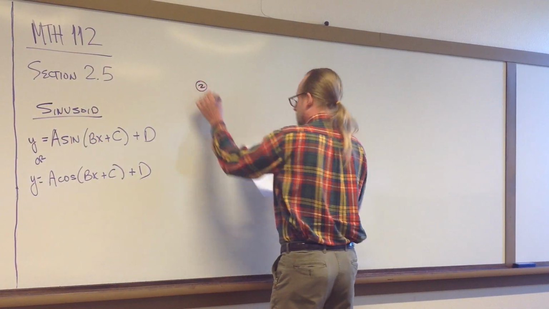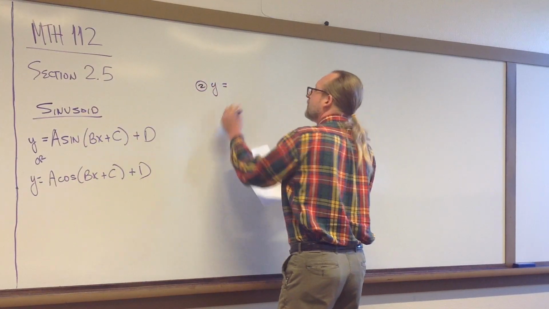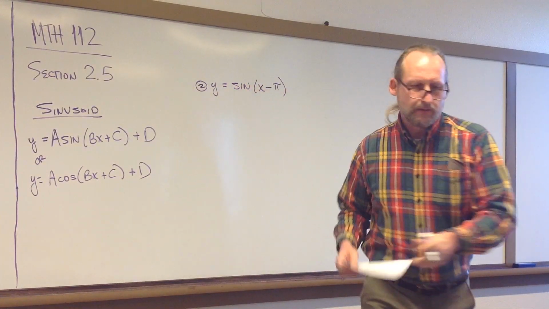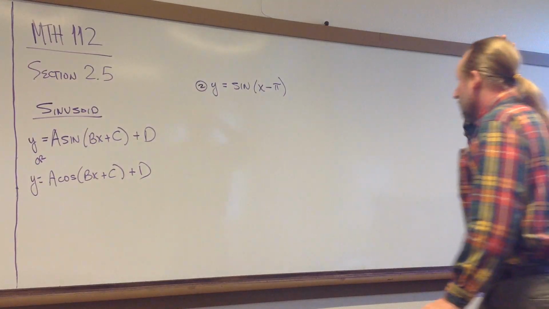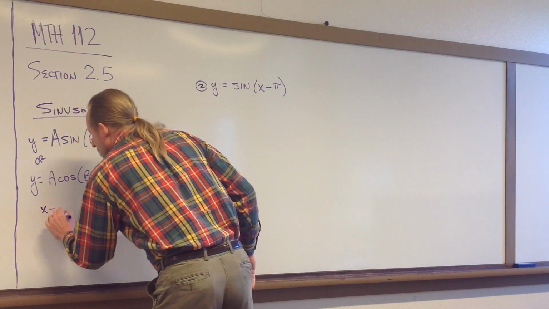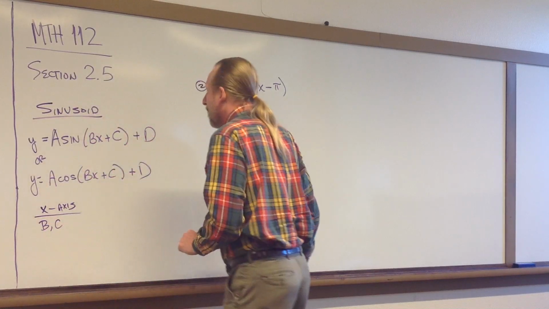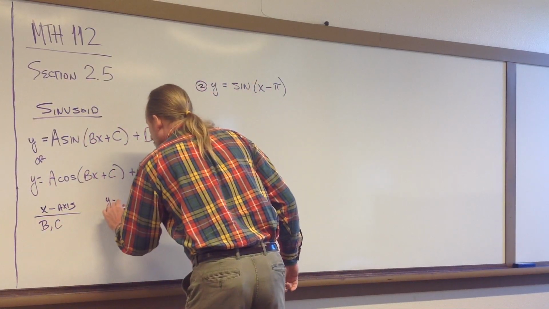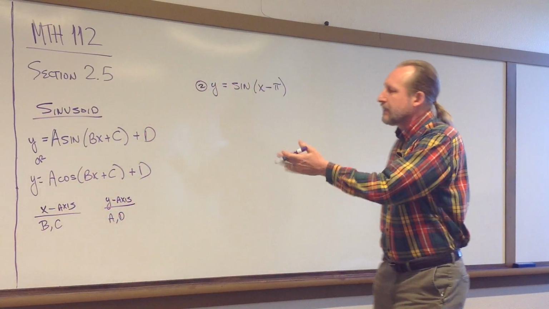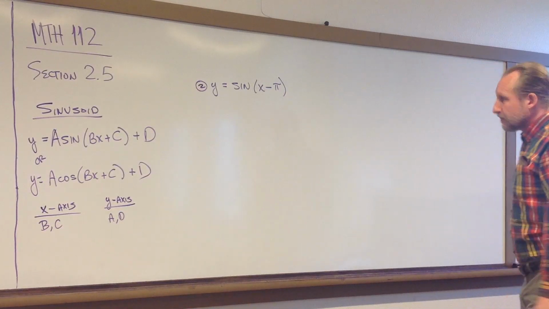Problem 2 is pretty basic. It's more similar to what we were doing in section 2.4, sine of x minus pi. The x-axis is affected by B and C, and the y-axis is affected by A and D. Exactly what those effects are is on your formula sheet, and I'll talk about that as I'm doing the problems.